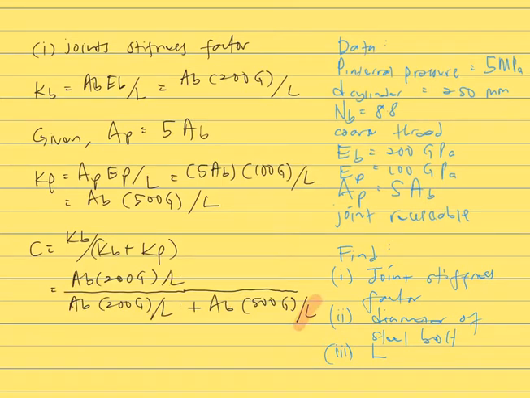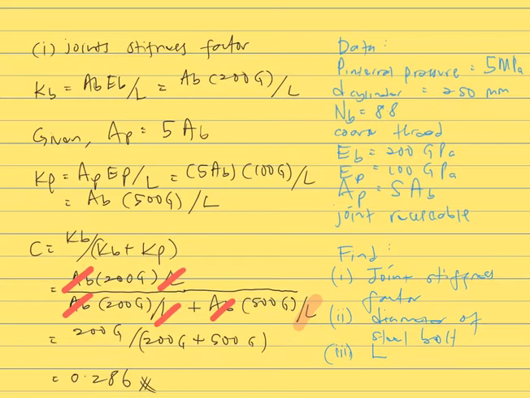So at the end we get the joint constant as 200 gigapascal over 700 gigapascal. So our joint constant is 0.286.